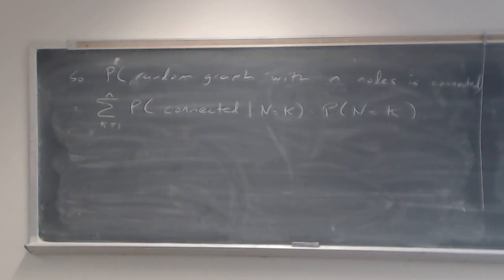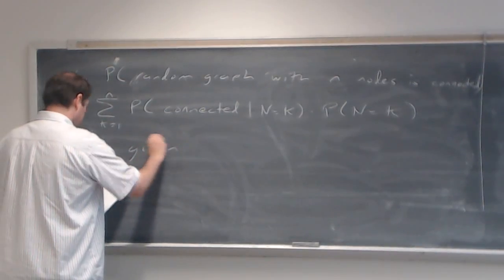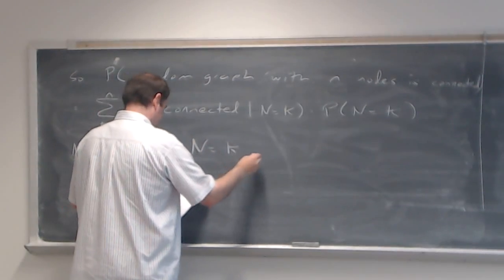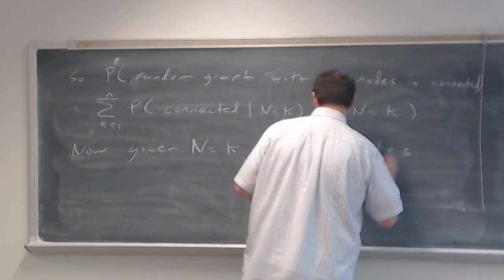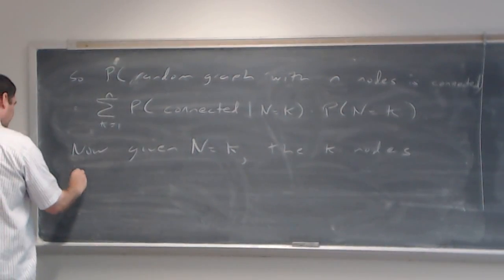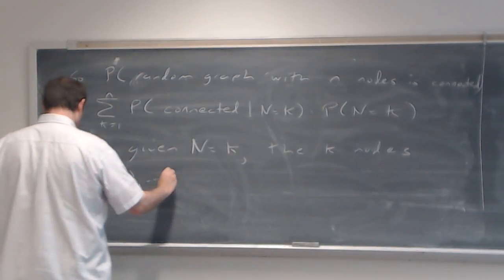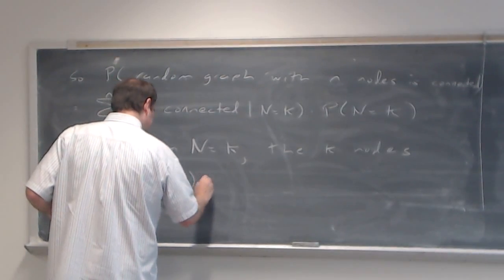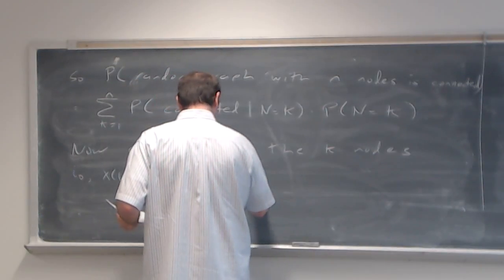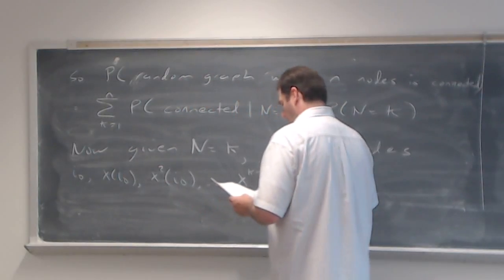Okay, so we're given that n is equal to k. That's what we're looking at. So let's concentrate on that for a second. Now, given n equals k, the k nodes I sub 0, x of I sub 0, x squared of I sub 0, all the way up to x to the k minus 1 of I sub 0, are connected.